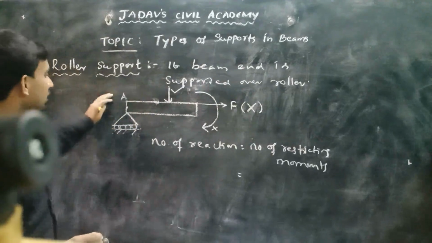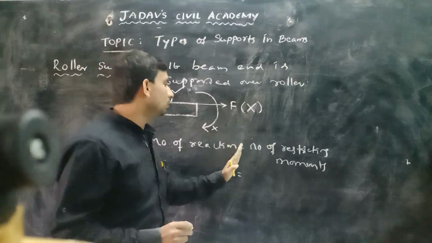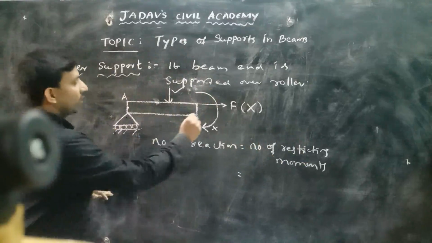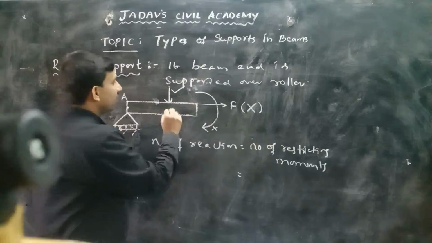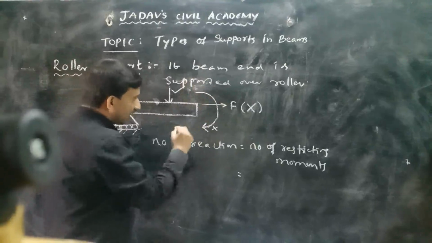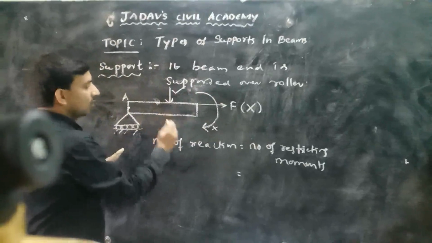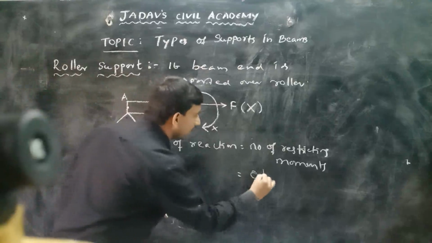For the roller support, we can calculate the number of reactions, which is equal to the number of restricted movements. Here we are not having restriction of movement in the horizontal direction, nor in rotation, but we have a restriction in the vertical direction. So the number of support reactions for a roller support is 1.